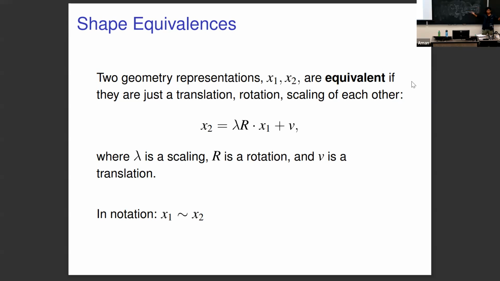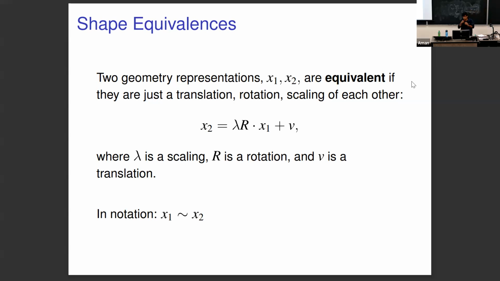As long as you are able to represent all of these equivalence classes in the same shape space, that is called a shape family, right? Make sense? Because all of these shapes are equivalent to each other, and all of these equivalence classes are different shapes. If you embed all of them on the same manifold, it becomes a shape manifold.